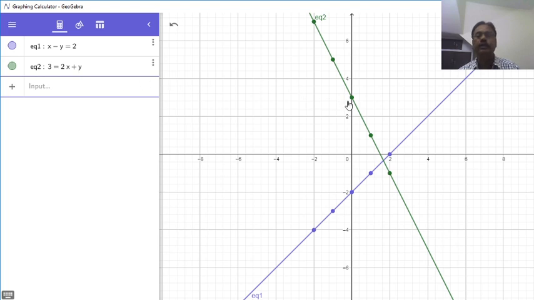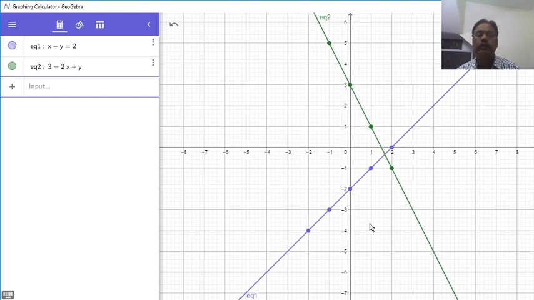Now we are going to find out the exact coordinates. We have already got 1, 1 here. So yes, look here, 1, 1. One of the solutions is 1, 1. You can see here 1, 1, and we have also got the next solution as 0.5 and 2. Let us see, is it 0.5 and 2?